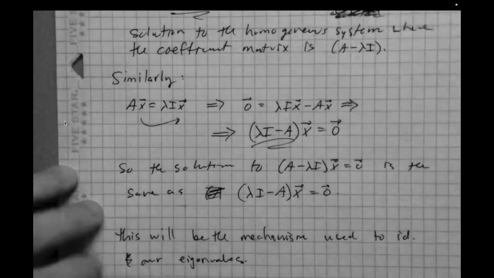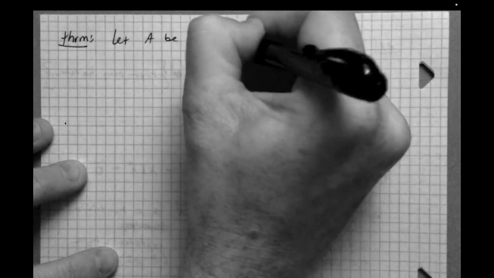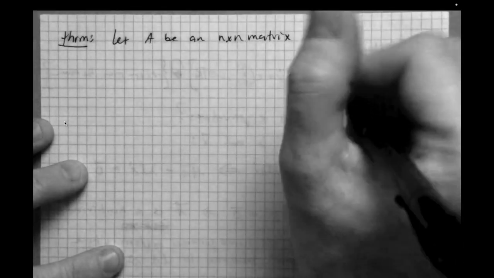And vectors. Okay, so let's write this out in more formal terms, like as a theorem. Theorem. Let A be an n by n matrix, and let lambda be a real number.